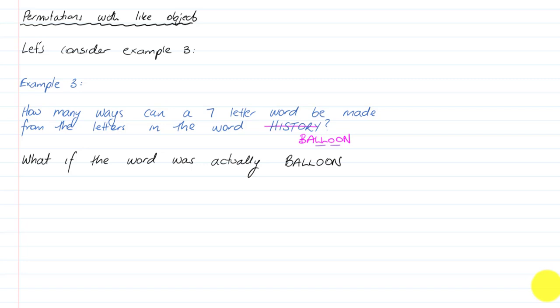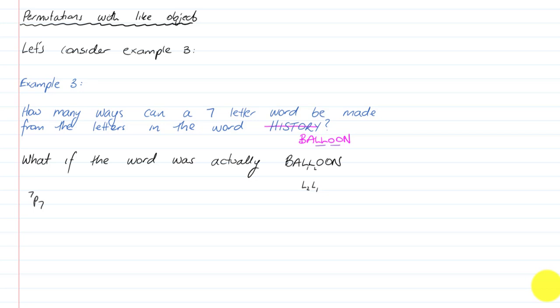So, how many ways are there of making a 7-letter word from the word history? Well, that's 7P7. So 7, and we choose 7. And the same goes for balloon. So the answer here is 7P7. But the problem we've got is if you have L1 and L2, and then we have L2 and L1, well, that's the same word.